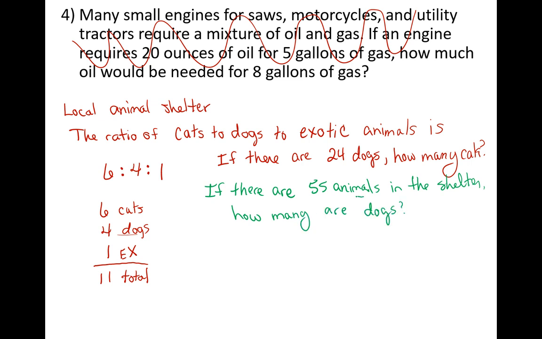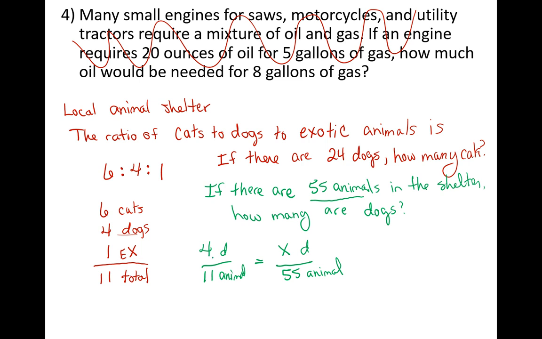Well, 55 is the total. We know there's 4 dogs out of every 11 animals, right? 4 dogs out of 11 animals. So how many dogs out of 55 animals?